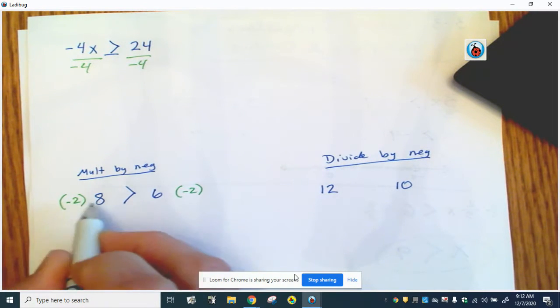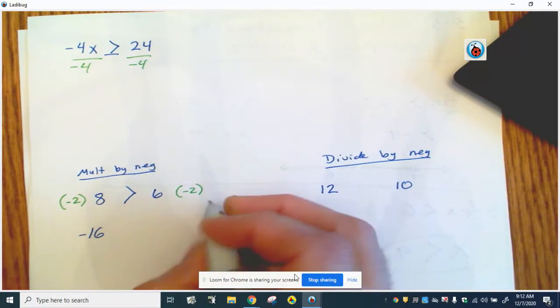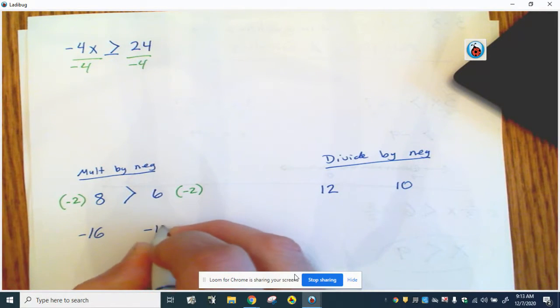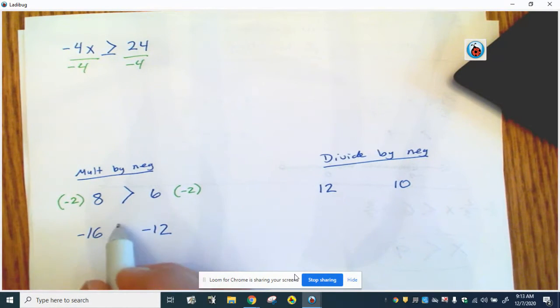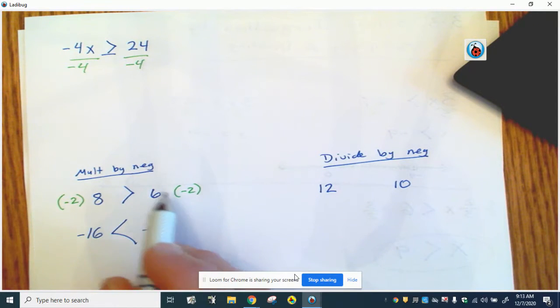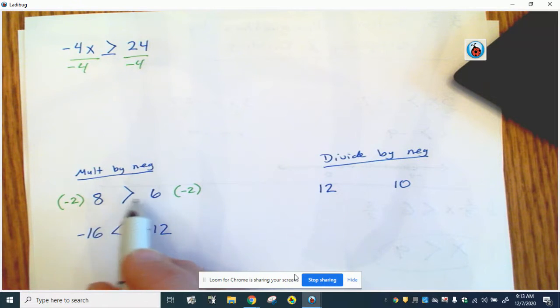Well, negative 2 times 8 is negative 16. 6 times negative 2 is negative 12. Well, negative 16 is actually less than negative 12 now, right? So what ends up happening is when you multiply by a negative, the sign ends up switching as well.